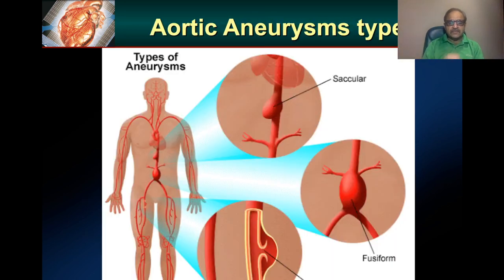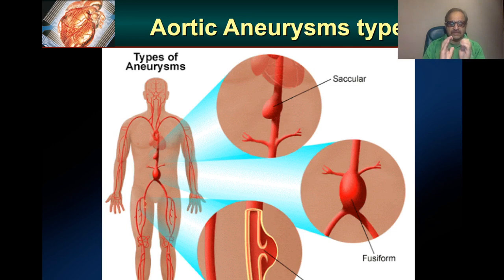You can see in the top picture there's a saccular aneurysm of the aorta above the origin of renal artery, and in the middle you find a fusiform aneurysm of abdominal aorta below the origin of renal artery. And then in the bottom there's a picture which shows pseudoaneurysm.